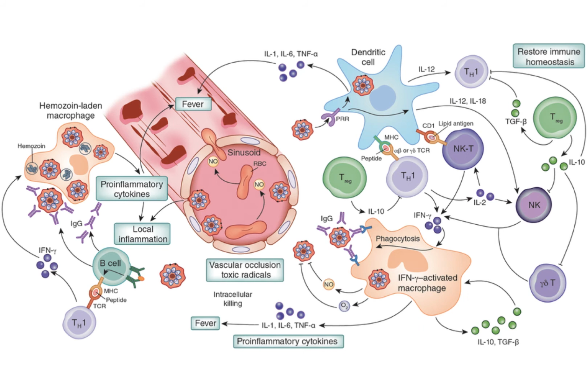At the same time, the dendritic cells are attaching the hemozoan, internalizing that, and then activating different T cells, including natural killer cells, which will attach to the infected cells and will kill them.